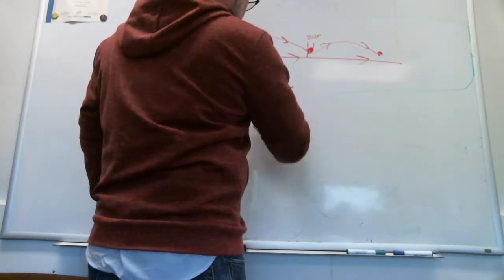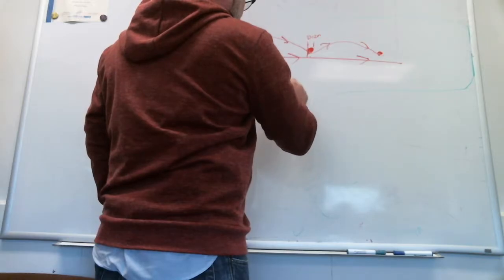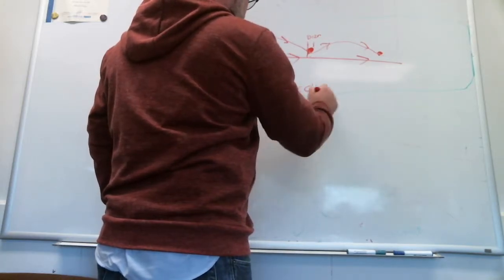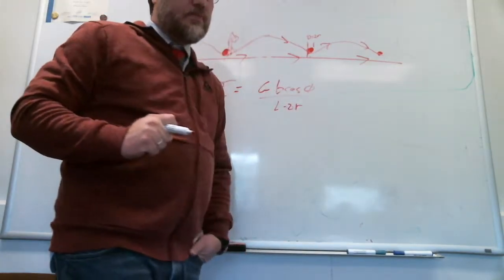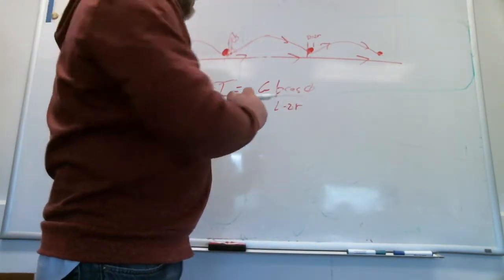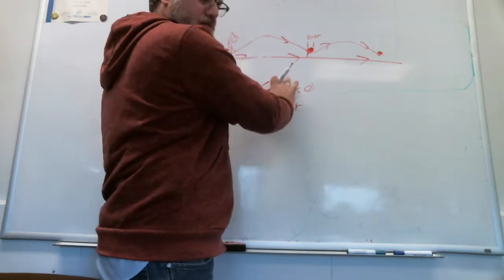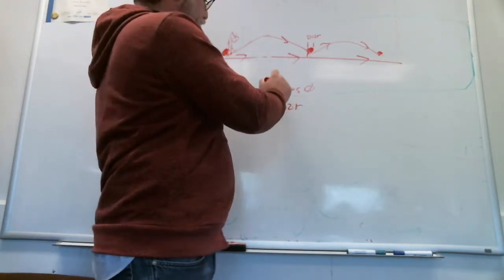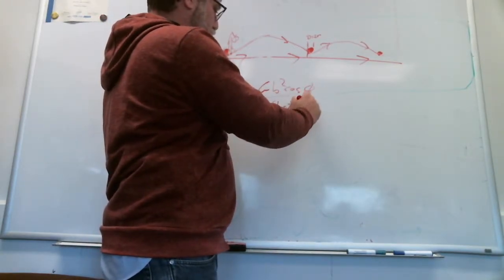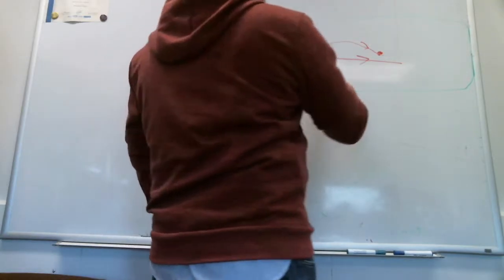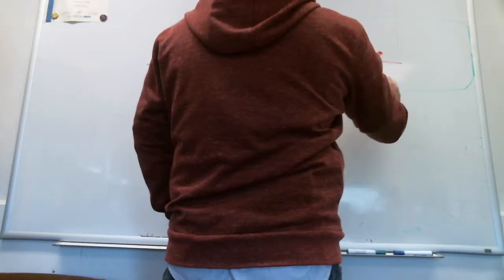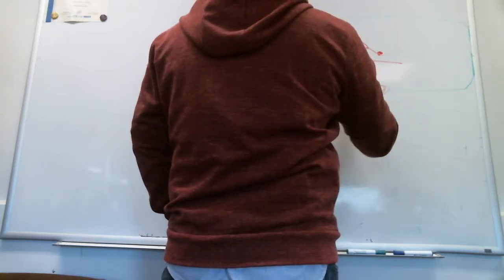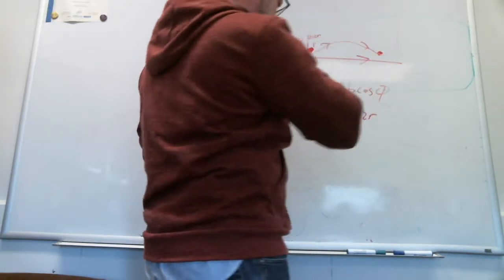Oh, I still got my cosine in here. I haven't gotten to that yet. This is not right. Yeah, tau equals G b squared b cos phi by L minus 2R.